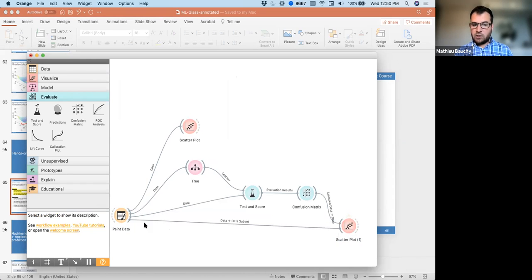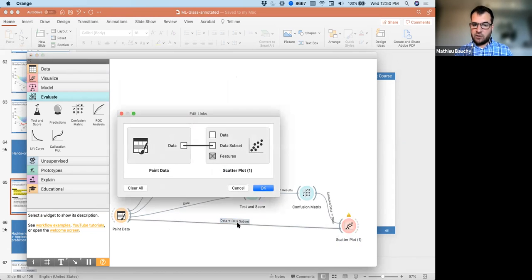So I'm going to create a link here so that I plot the true data points, and also plot the ones that were misclassified. I want this link to be the main data. So I'm taking the real data here, and this is the data I'm going to plot.